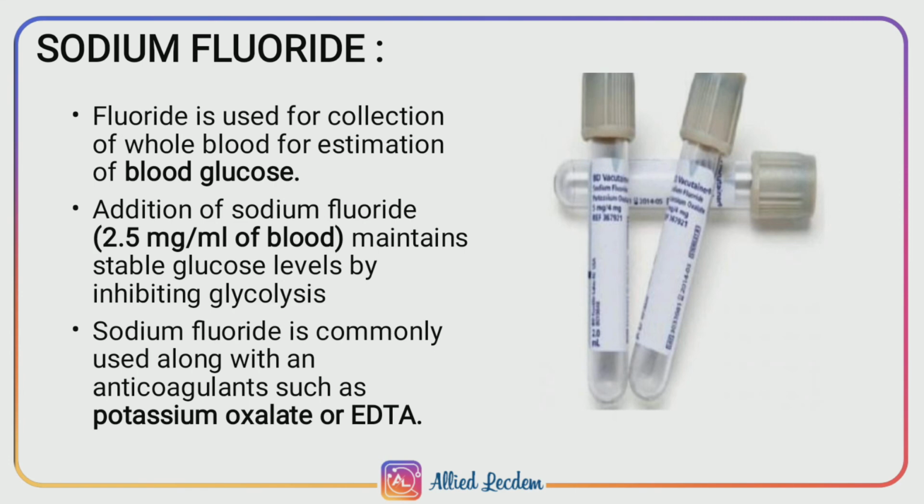So these tubes are mainly used for estimation of blood glucose. 2.5 mg per ml of blood is added and it maintains stable glucose level by inhibiting the glycolysis process. And sodium fluoride is more commonly used along with some anticoagulants like potassium oxalate and EDTA.